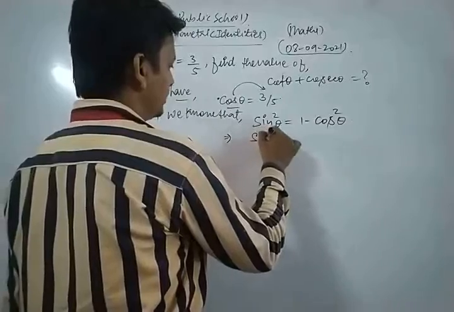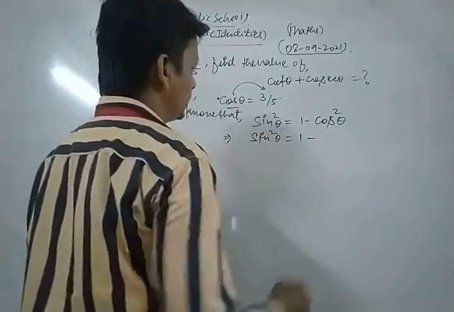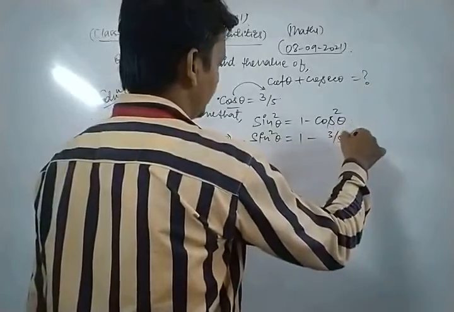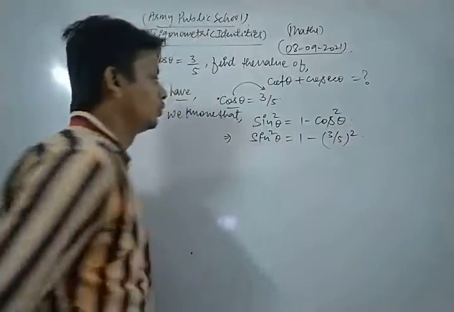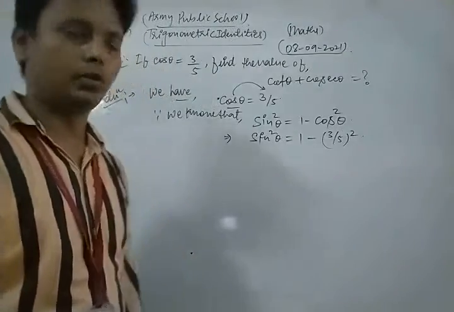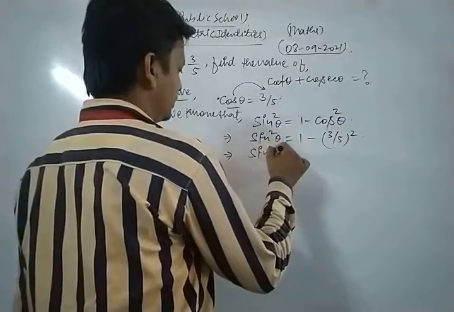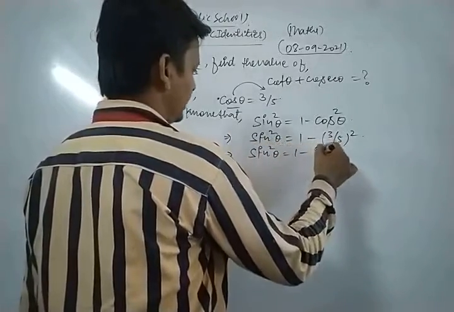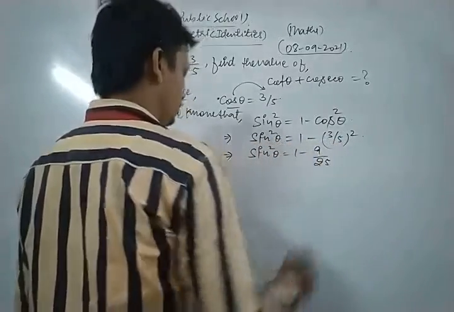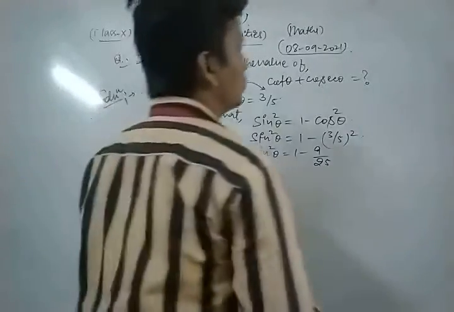Okay, now look. From there we put the value of cos theta as 3 by 5. So here we get sine square theta is equal to 1 minus 3 by 5 whole square, that is 1 minus 9 upon 25. Now we simplify it.